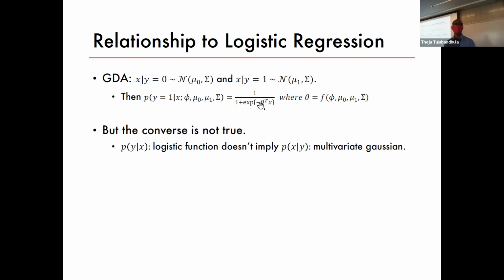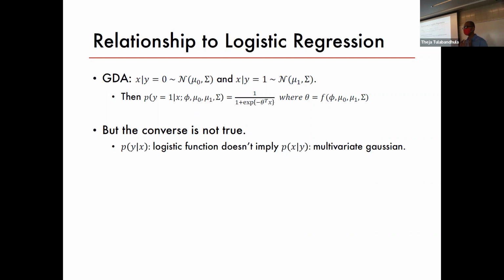So what the first bullet point is saying is that if you do linear discriminant analysis, your probability of a class given the feature looks like this, which is the same as logistic regression. But the converse is not true. If you assume the logistic function as the relationship between the probability of y equal to 1 given x, that doesn't necessarily mean that the distribution of features given class is Gaussian.